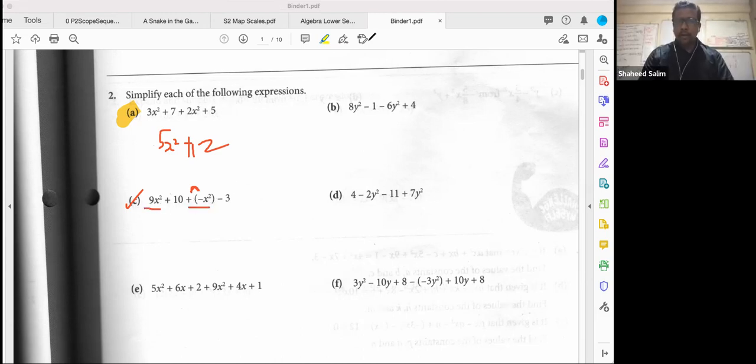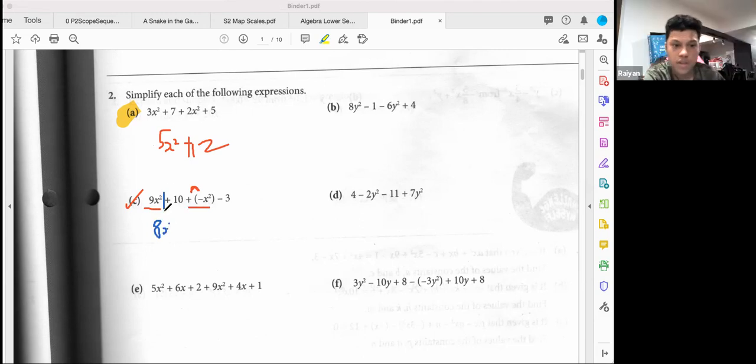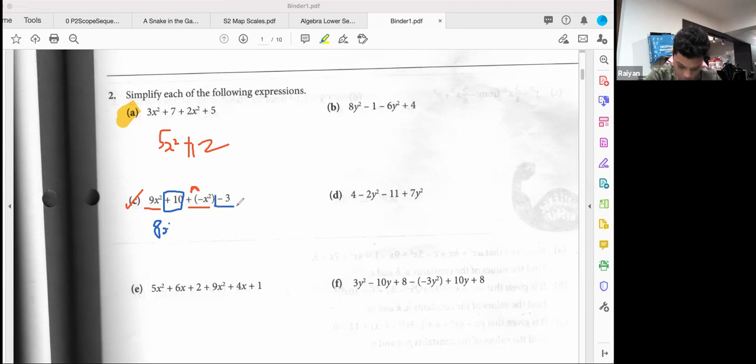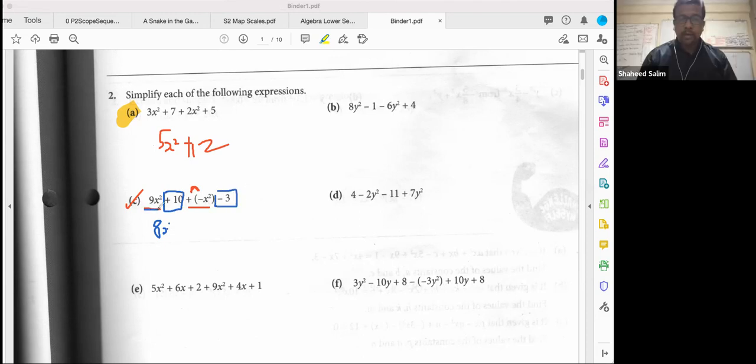Include the sign in front. What do I mean? So this one 8 positive. The x thing become plus and minus become minus down here. But down here now this one is big, 9x squared minus 1x squared. 9 minus 1 is 8. So this one will be 8x squared.